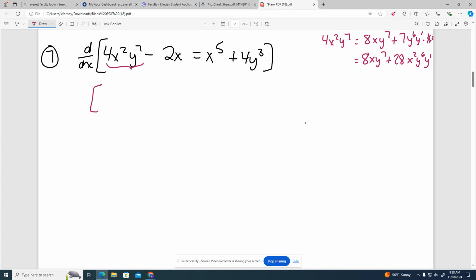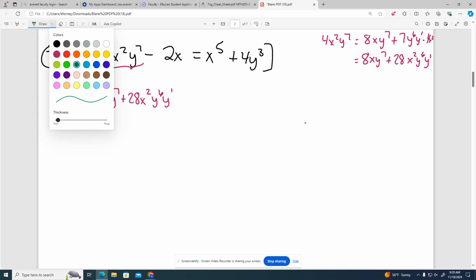So now I'm going to go put that over here. And again, you don't have to do this little side work like I do. That's just how it works for me.